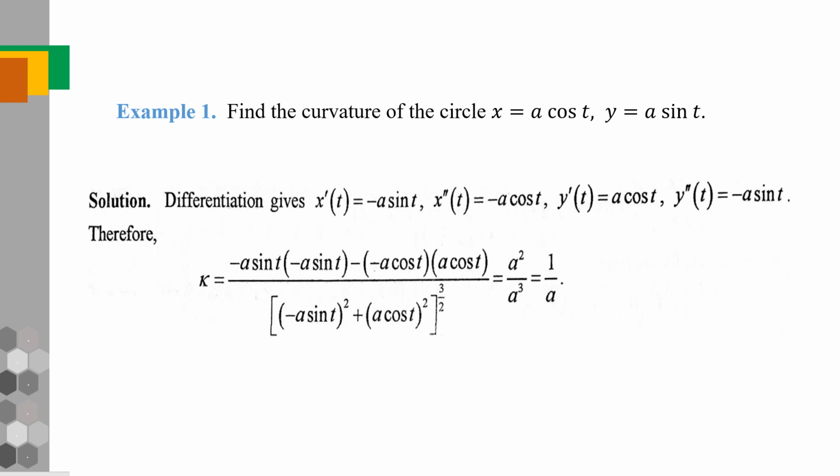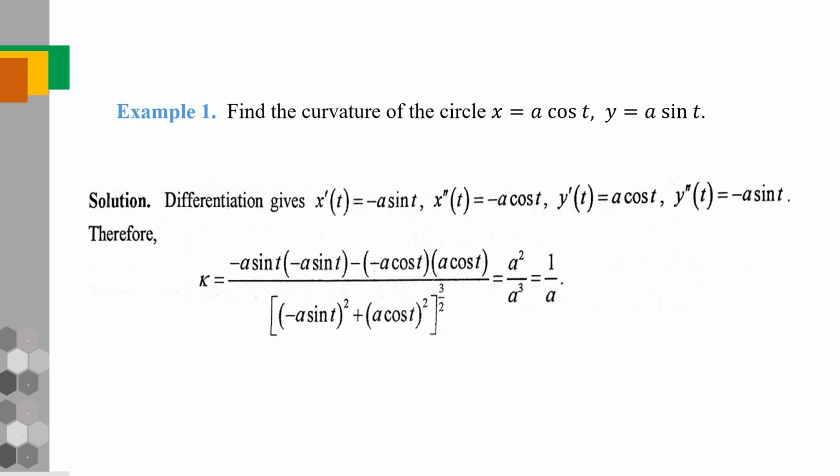So solution, since given dito is yung parametric equations, no? So gagamitin natin yung formula ng curvature para sa parametric equations. Okay, so kailangan natin yung first at second derivative ng x at tsaka yung y.